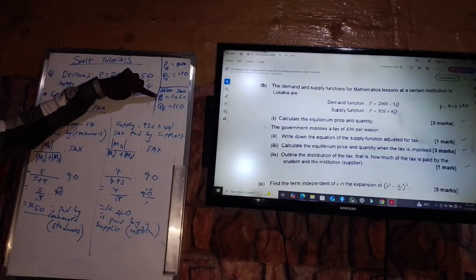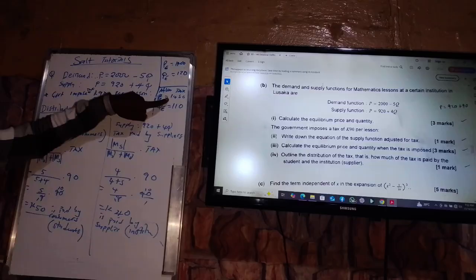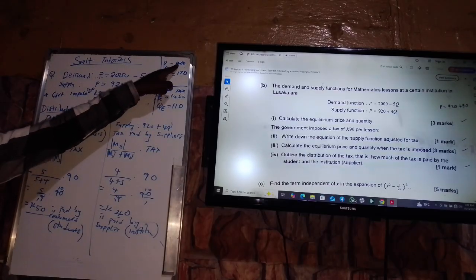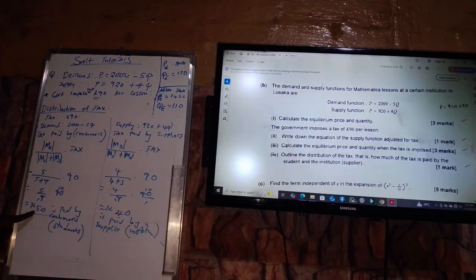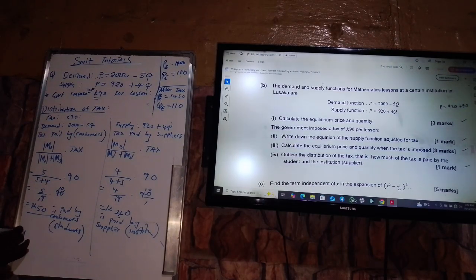If this method is difficult, what is paid by the consumer is basically the new equilibrium price subtract the old equilibrium price. 1,450 minus 1,400, you have 50 kwacha. This is the same 50 kwacha as here. So the new equilibrium price P2 minus P1, which is 1,450 minus 1,400, is equal to 50 kwacha.